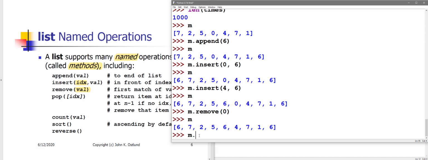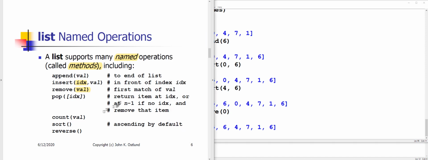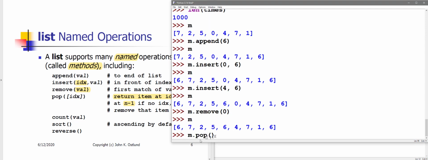If I say pop, that will return an item from the list that's located at a certain index, or at the end of the list, that is the length of the list minus 1, if I didn't provide an index. So the case here is I've said m.pop, and I have not specified an index.